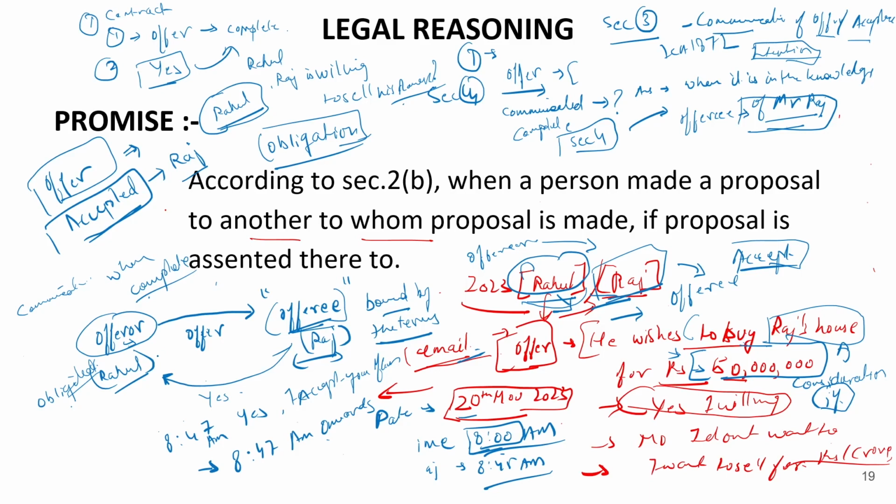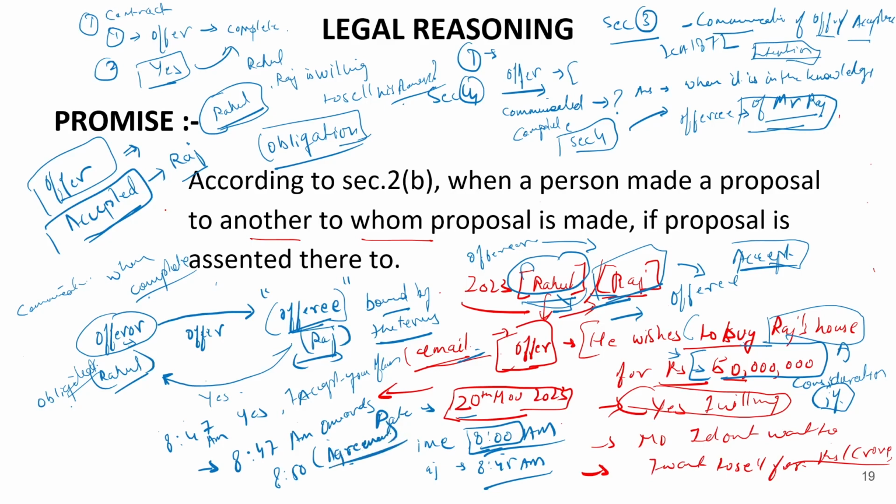And the offerer, that is Rahul, once he reads that mail, let's take the example, he reads the mail at around 8:50. So the moment Rahul comes to the knowledge, it becomes an agreement.